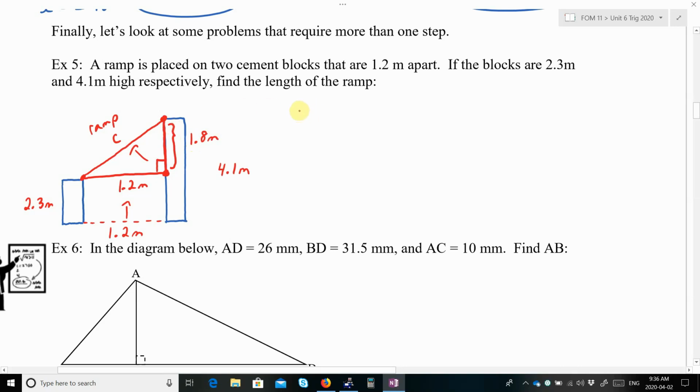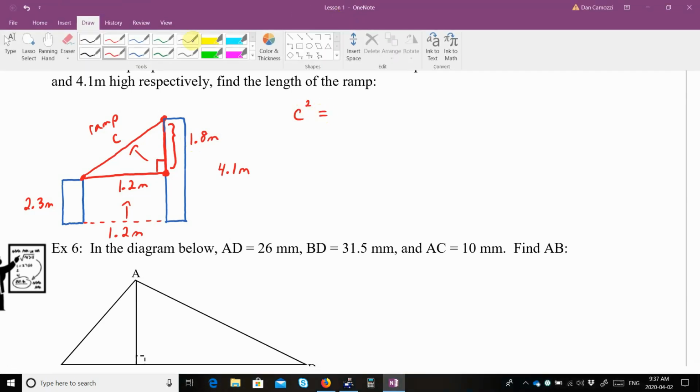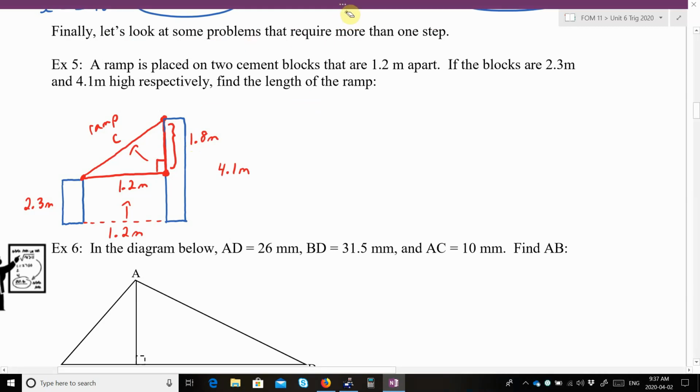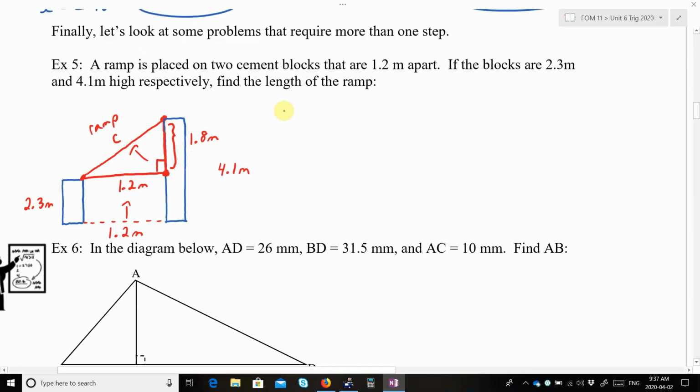Okay, and since we're solving for c, I'm going to write the Pythagorean theorem as c squared equals a squared plus b squared. I'm just going to go back to blue here.